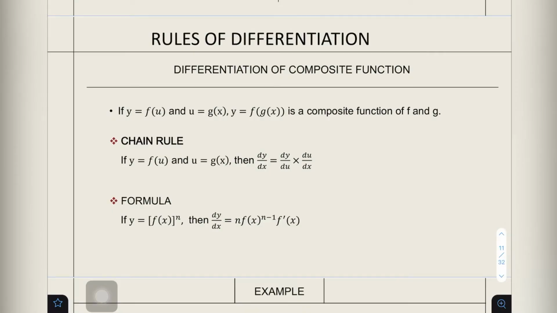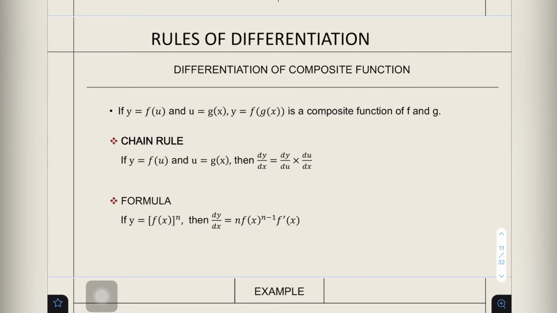Okay, before we go to the rules of differentiation for the composite function, let's see what a composite function actually is. A composite function is a function that is inside another function, which means you have two different functions, one inside another.